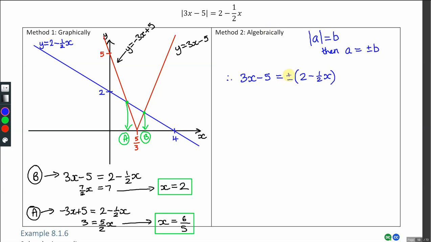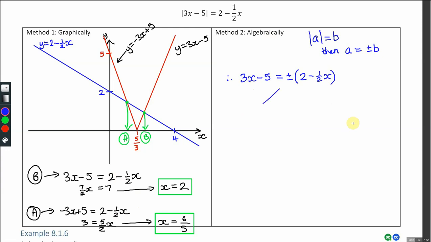Now the plus or minus could actually go on either side here, and you'll see we actually get the same two equations as the graphical method. Whereas with the graphical method, we know there will definitely be two solutions. If you're using the algebraic method, you must check both of these at the end to see if they both work.